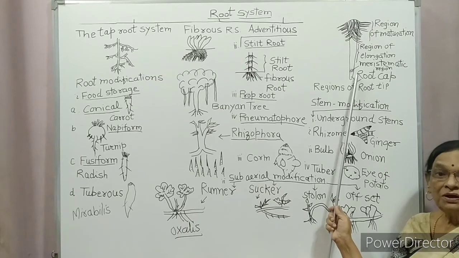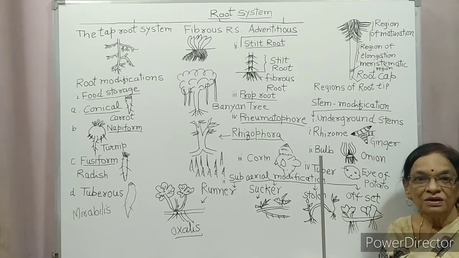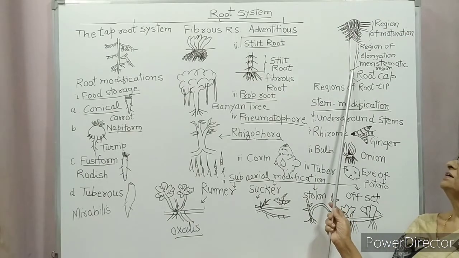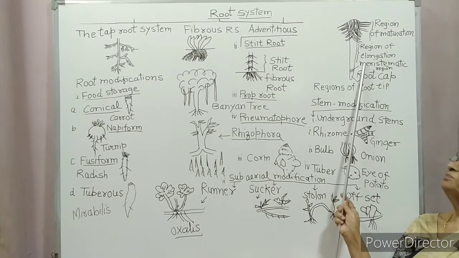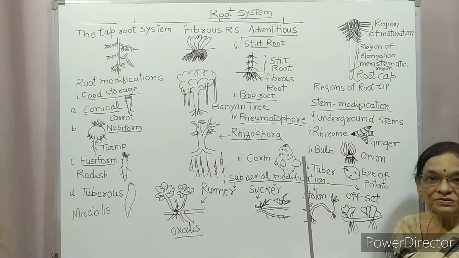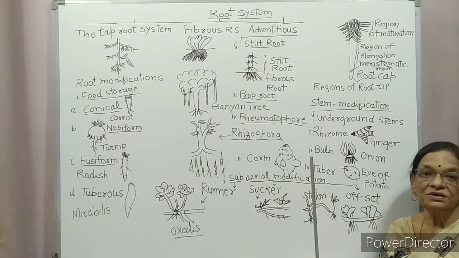In aquatic plants, root cap is replaced by root pocket. A small region is the meristematic region. The name itself shows it consists of cells which have the capacity to divide and redivide.